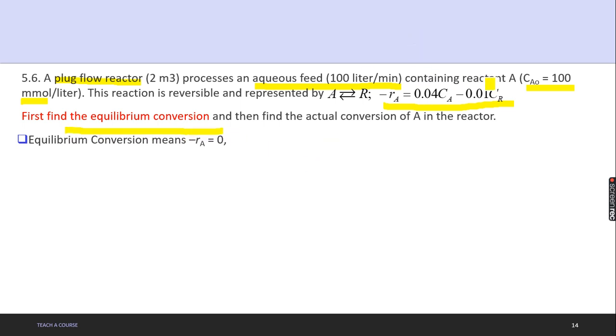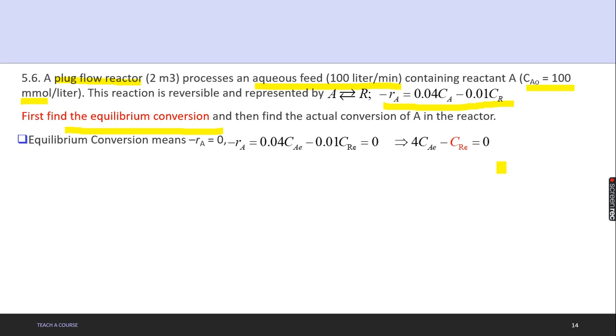So if we put the rate of change as 0 here, we can say minus 0.04 CAE plus 0.01 CRE equal to 0. So essentially 4 CAE minus CRE equal to 0.